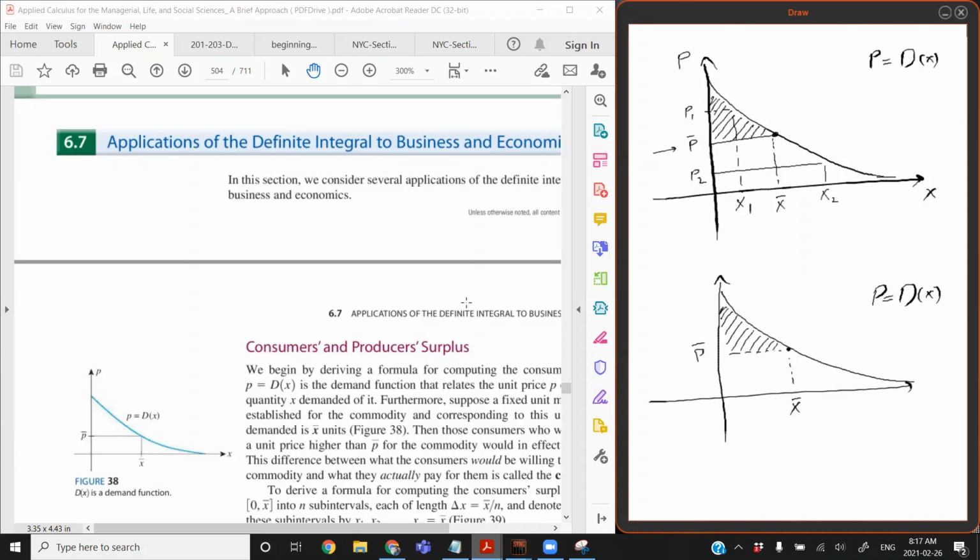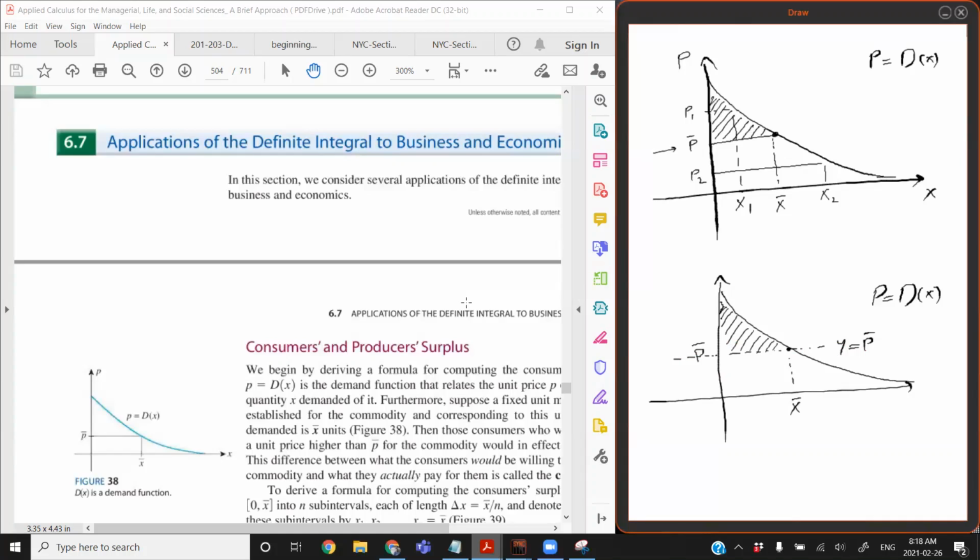So if I ask to find this area, the area that is between these two curves, let's say this is y equals p bar because it's a horizontal line, and the demand curve D of x.